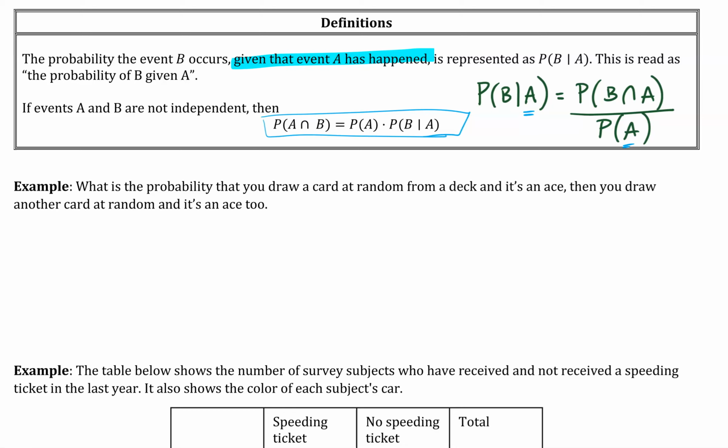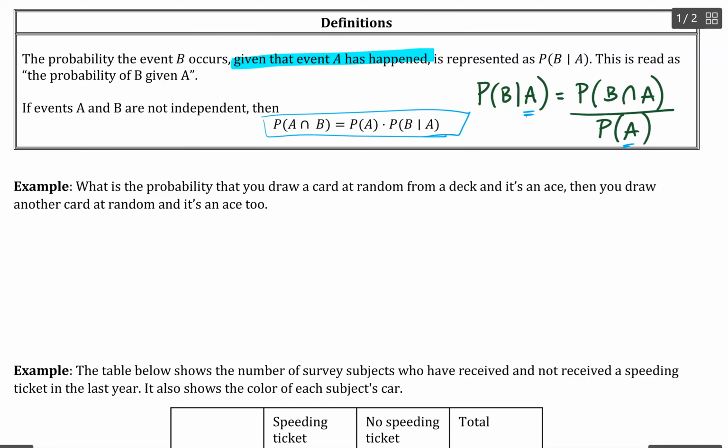That means that when one occurs, it has an effect on the other event. So we know that when we have independent events, we simply multiply their probabilities. It's nice and easy, but not so easy when we have events that affect each other. So when we have information that an event A has happened, it actually changes what the probability of B is.